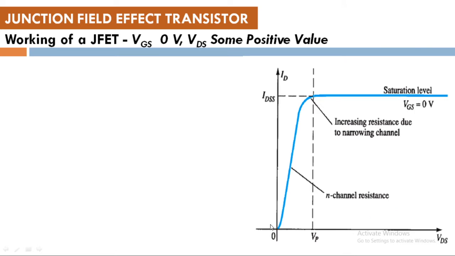Now let's try to understand the characteristics. As soon as we increase the drain to source voltage, the current through the device increases, so there is a change in the N channel resistance. On the right hand side we are increasing the voltage and we can see the current is increasing.